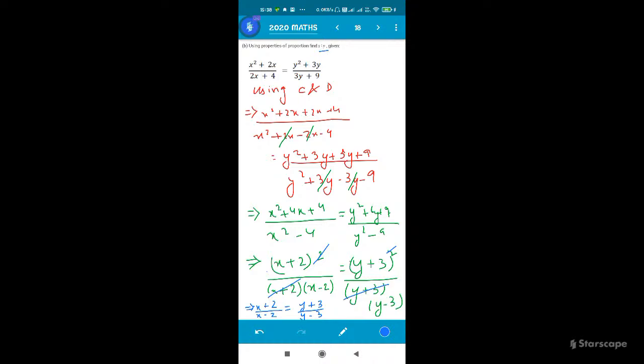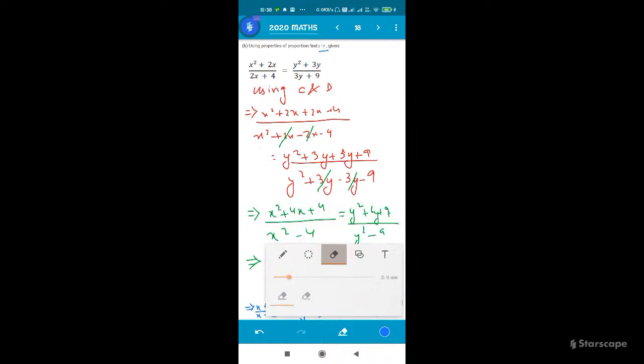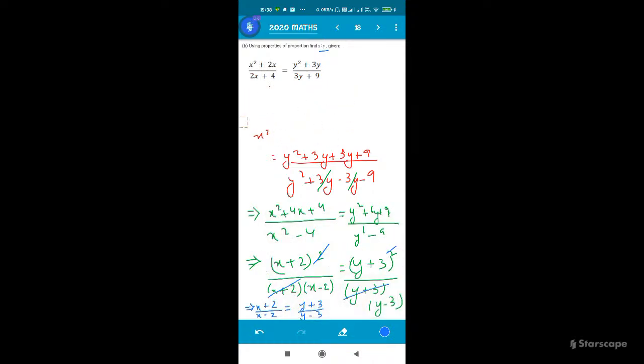So I am going to use componendo and dividendo because they have asked us to use the properties of proportion. So let's use componendo and dividendo once again on this expression.